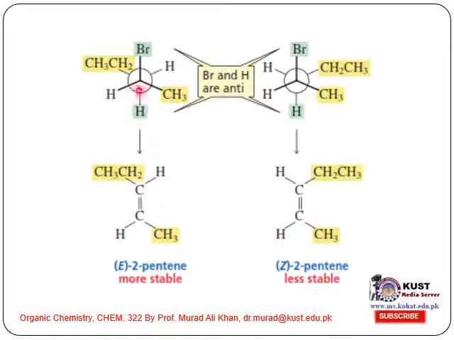Now in this case we will get E-2-pentene, which is more stable, entgegen. Both the bulky groups are on the opposite side. While in this case we will get Z-2-pentene, which is less stable. And as in the previous slides, we have seen that the product of this E is 41% and this Z is only 14%.